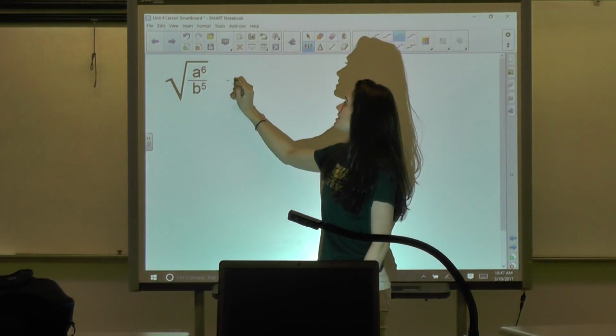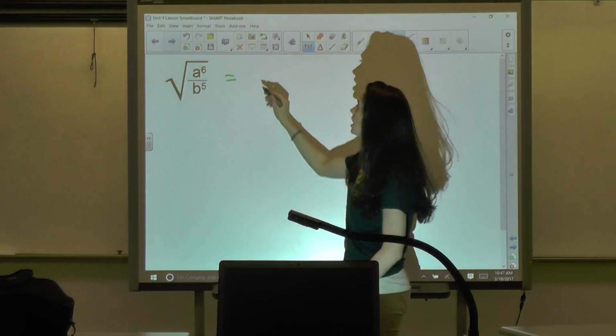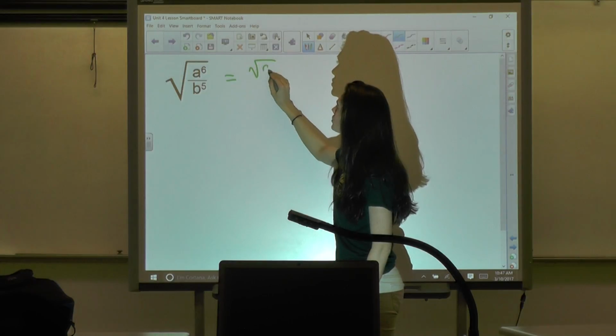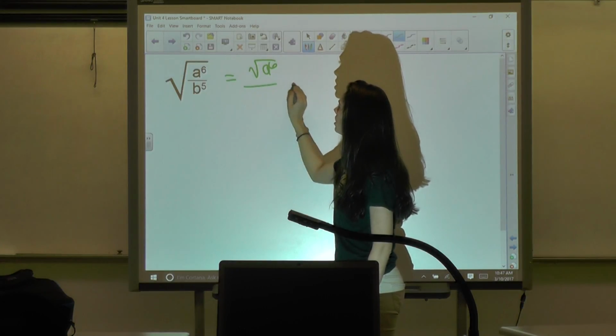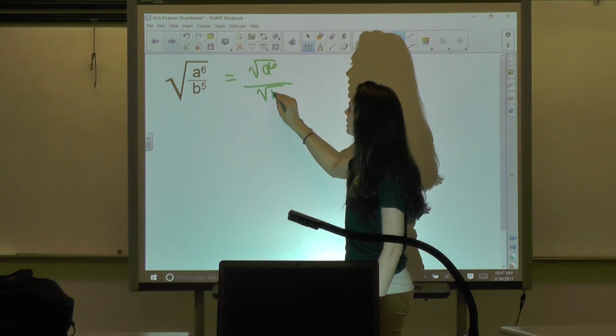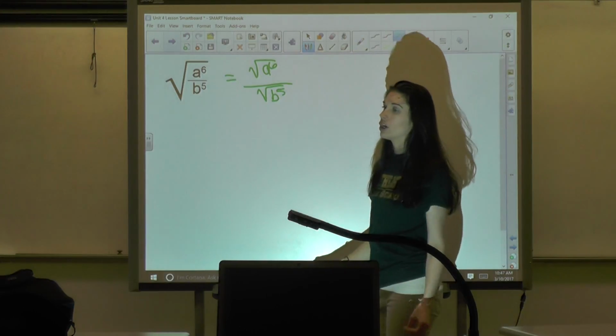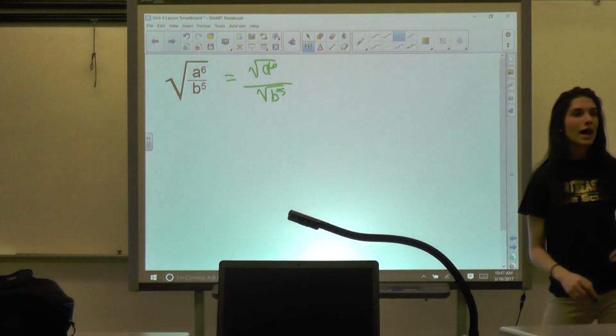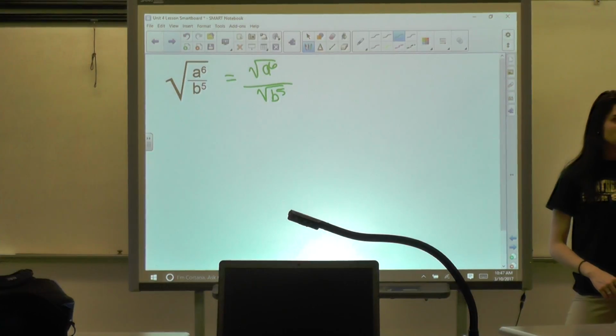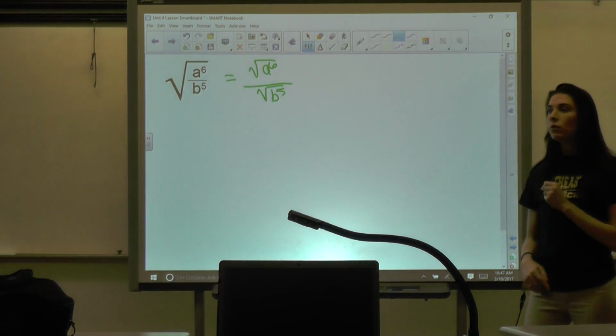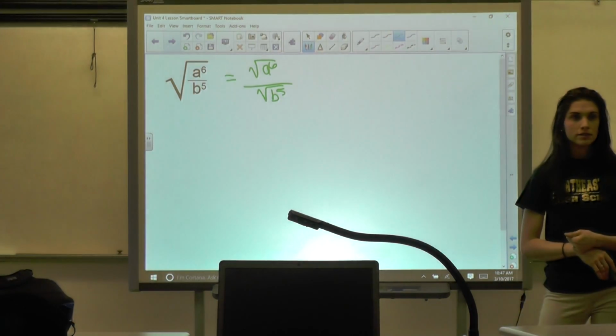So for this, you've got to split it up. I have a to the power 6 over square root of b to the power 5. You cannot have a radical on the bottom, so we've got to figure out what will make the radical go away.